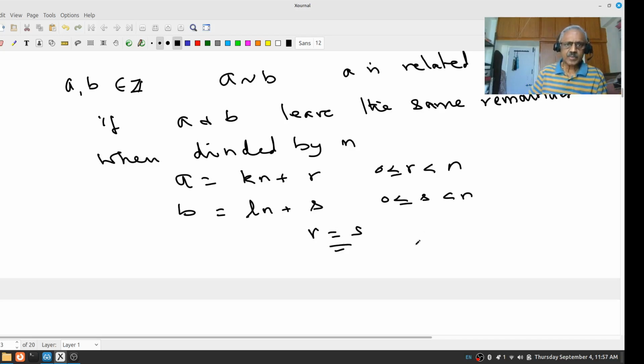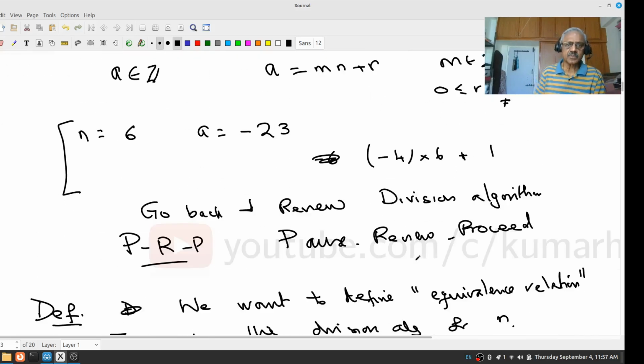Is that clear? So please understand. For example, let's look at the earlier case. When n equal to 6, a equal to minus 23, the remainder is 1. And suppose I take something like 19, that is 3 times 6 plus 1.